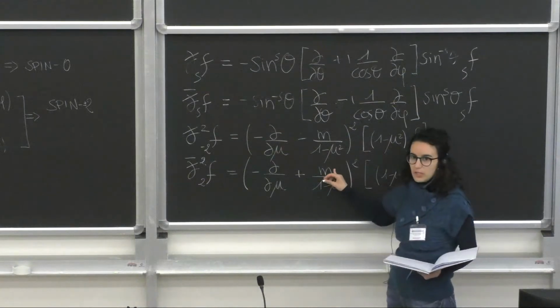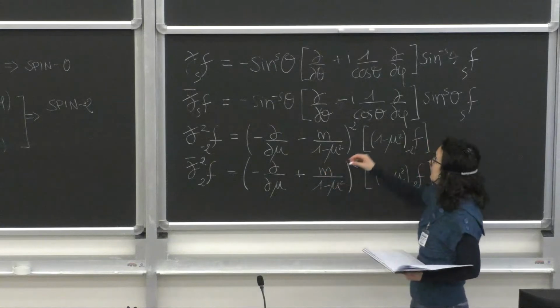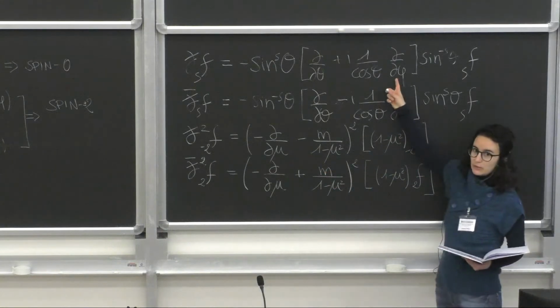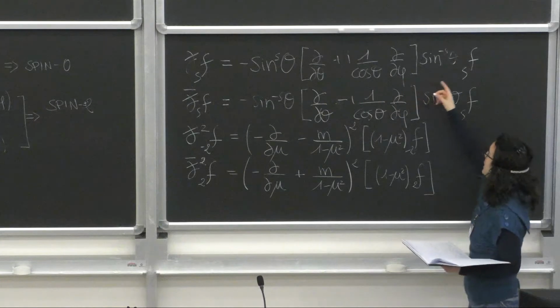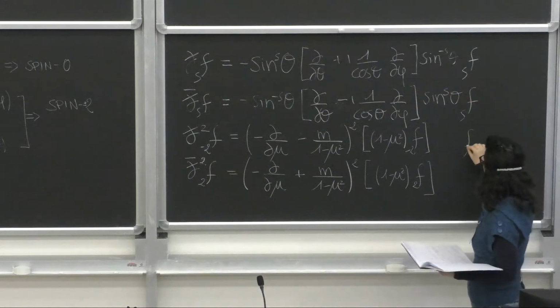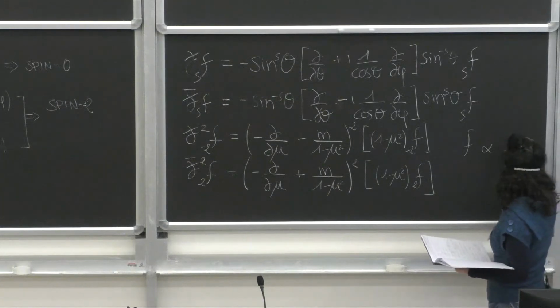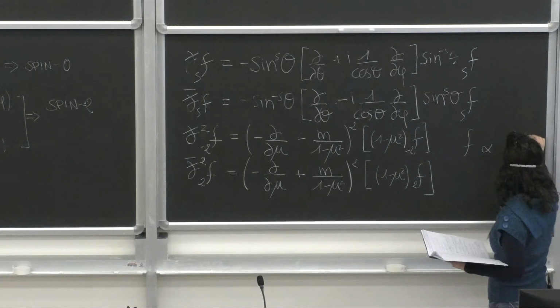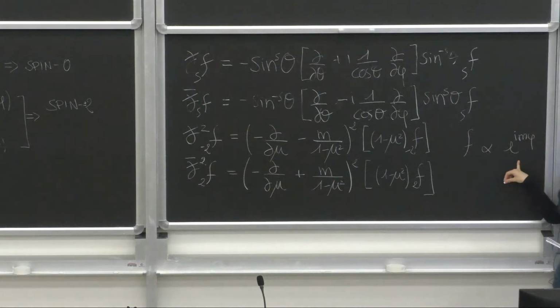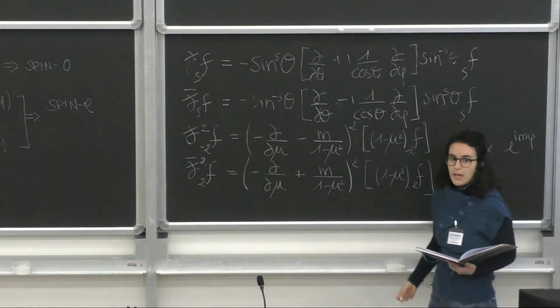So this m here stands for the derivative, comes from the derivative with respect to phi, because if you imagine that the phi dependence of F can be written as the exponential e to the i m phi, every time you apply a phi derivative, you effectively take down the m index of the phi dependence. So this is why you have an m appearing here.